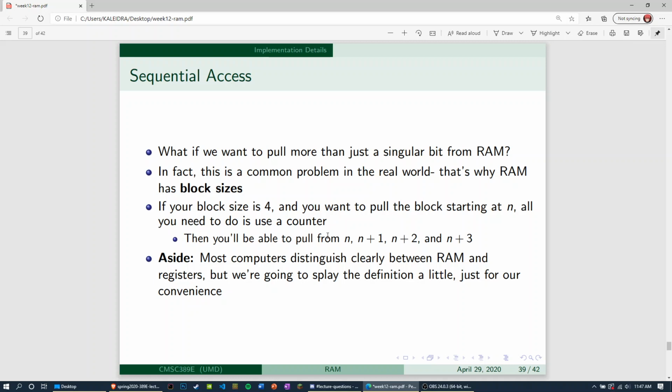But if we store them in some ordered form, it's super easy to amortized-constantly pull a block from your RAM. Whereas if you had these floating around in different locations, we would not be guaranteed amortized constant pull time, just because you wouldn't know where address number 2 is reliably, even if you knew where address number 1 is.